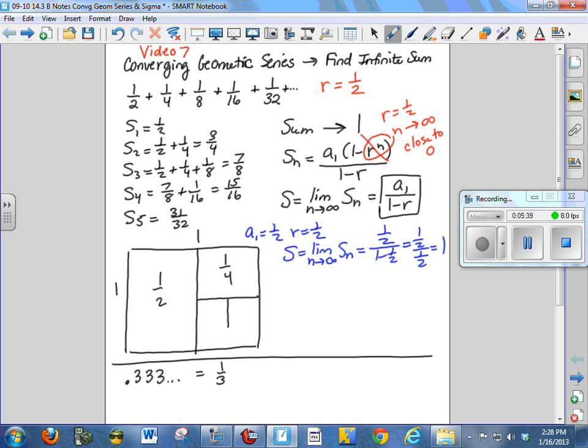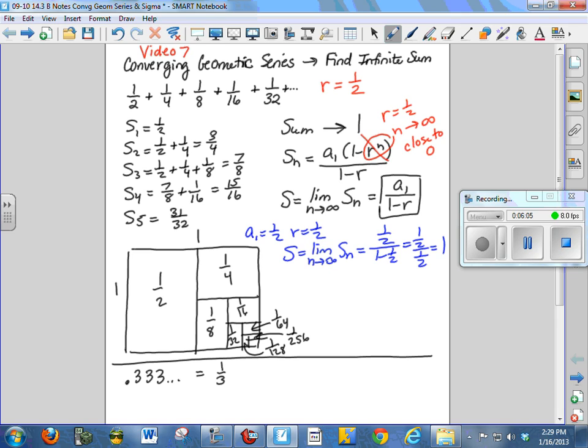The third term, 1/8, represents 1/8 of the area of the square, and so forth. So this would be 1/16. This would be 1 over 32. This would be the next one, 1 over 64. This little piece right here would be 1 over 128. This little piece here would be 1 over 256. And you just keep going and going.